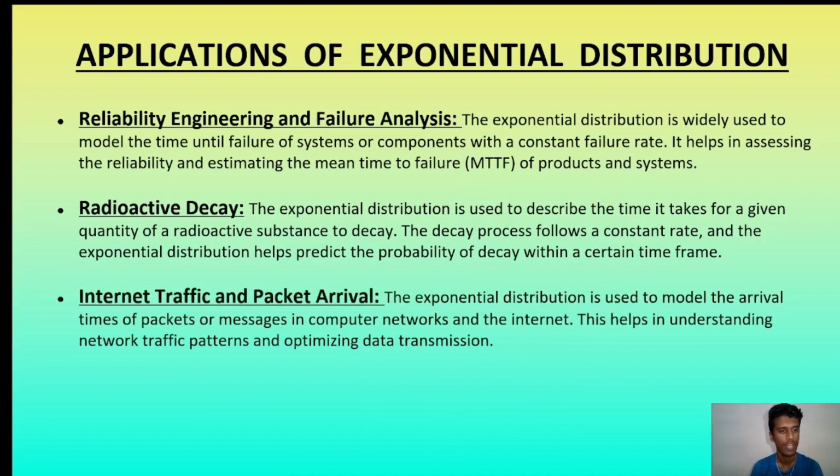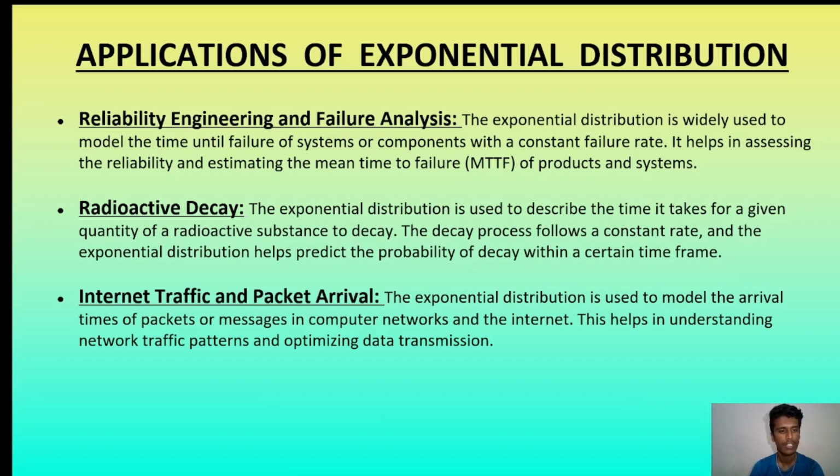Next, we have internet traffic and packet arrival. The exponential distribution is used to model the arrival time of packets or messages in computer networks and the internet. This helps in understanding network traffic patterns and optimizing data transfer.